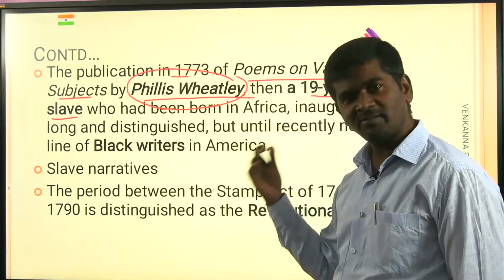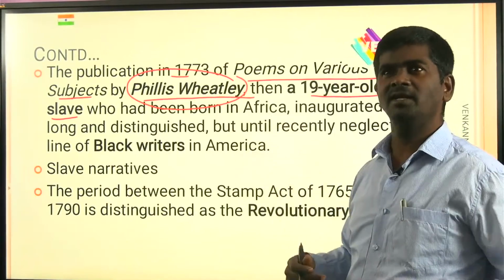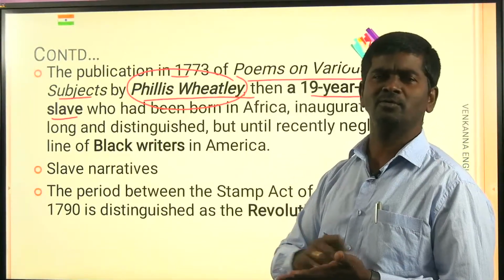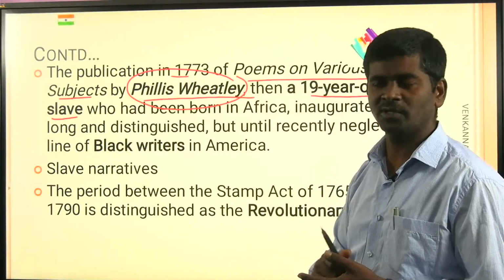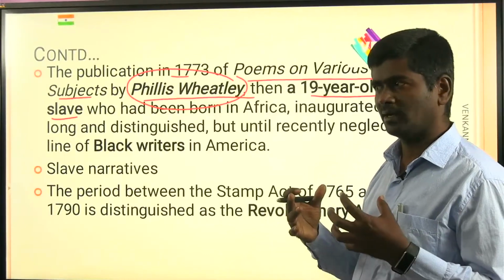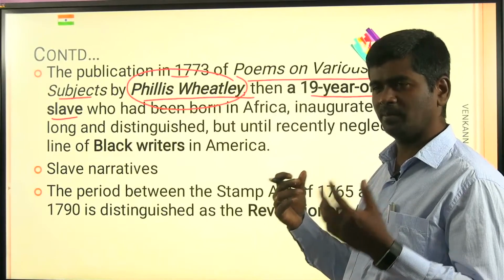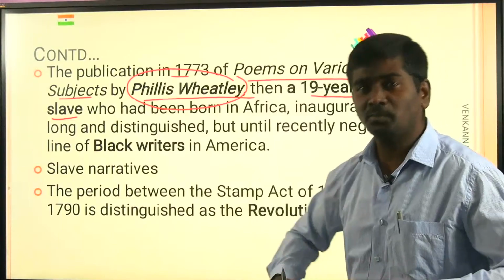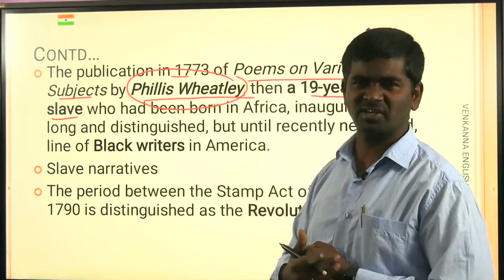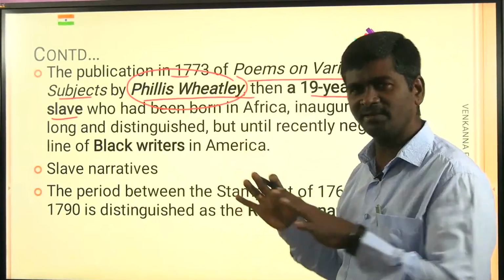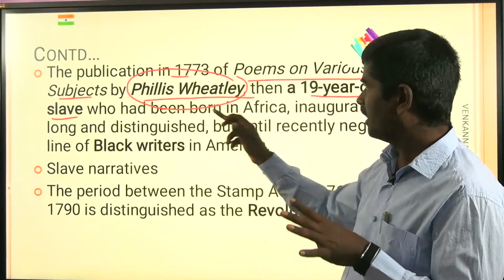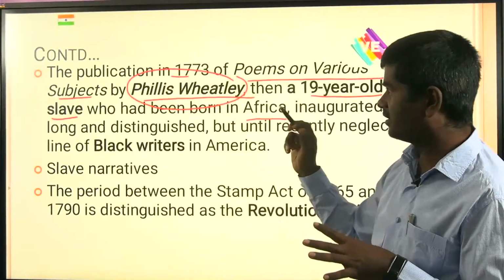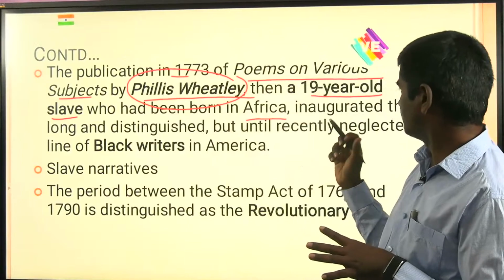After she was set free, she started writing about her own autobiographical issues, how she had a lot of problems as a slave, and she spoke in terms of her own personal reflections.